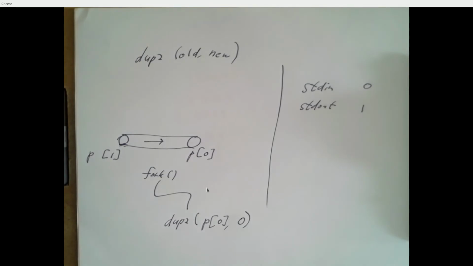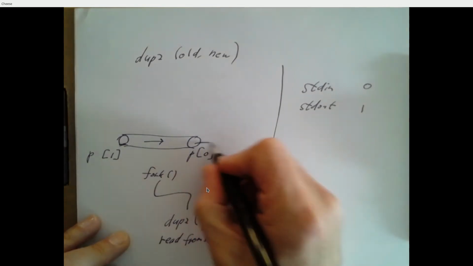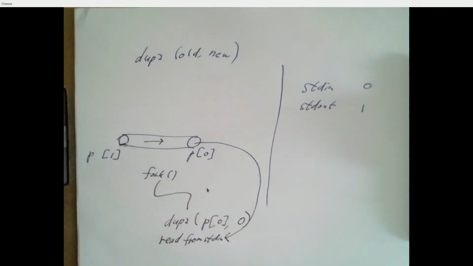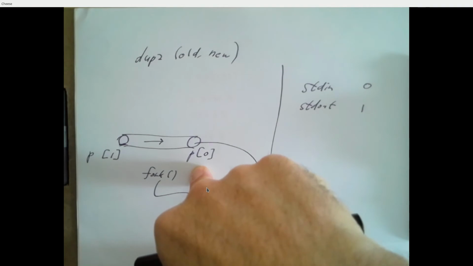Once we do this, if we try to read from standard in, it's actually going to be reading from this end of the pipe. So the dup call lets us change what file descriptor 0 is, so that instead of being whatever it was, which is usually the keyboard or maybe the input of a file if you're redirecting, file descriptor 0 is now this end of the pipeline.